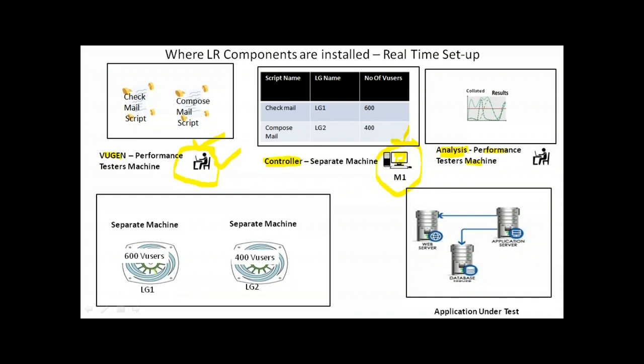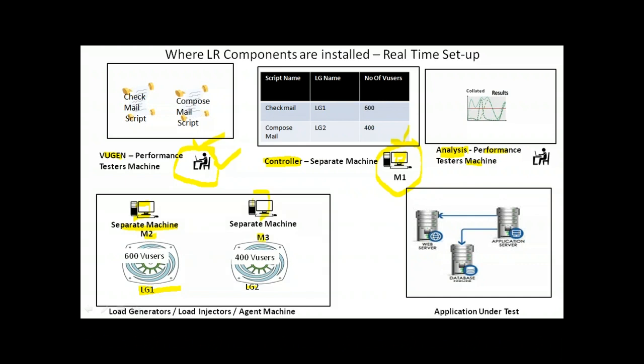Let's assume in our discussion we have 2 LGs, but you could have 5 or 10 LGs depending on the requirement. For my project, I just had 1 LG. This is again a separate machine: you install the LG software on it, and it becomes LG1. Then you take another separate machine.